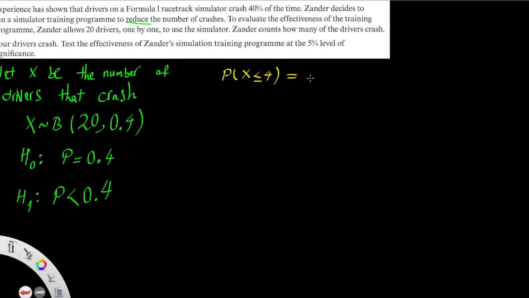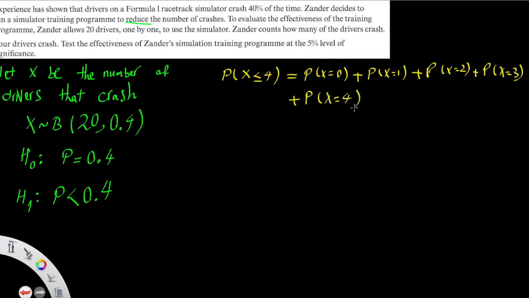Now, the probability of x less or equal to 4 will be equal to the probability of x equal to 0, or x equal to 1, or x equal to 2, or x equal to 3, plus x equal to 4.